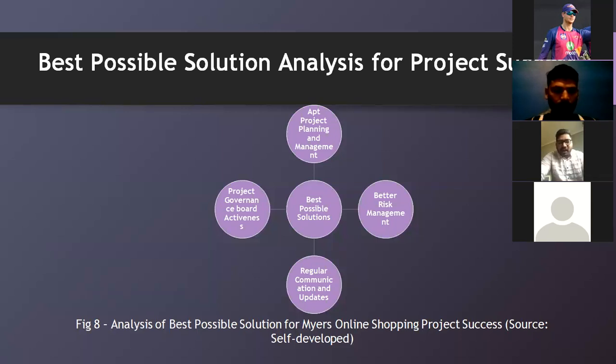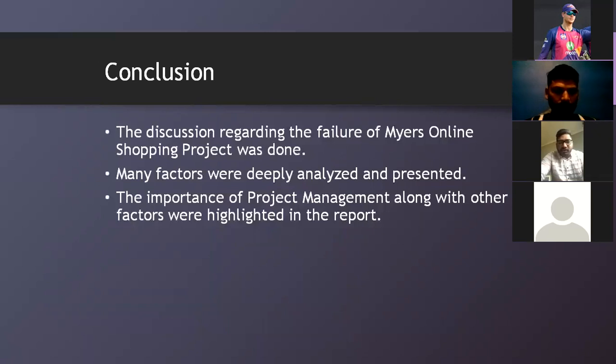Coming to the next slide, it's about the conclusion. The discussion regarding the failure of Myers' online project was done. Many factors were deeply analyzed and presented by our friends, about the technical issues and how to overcome them.